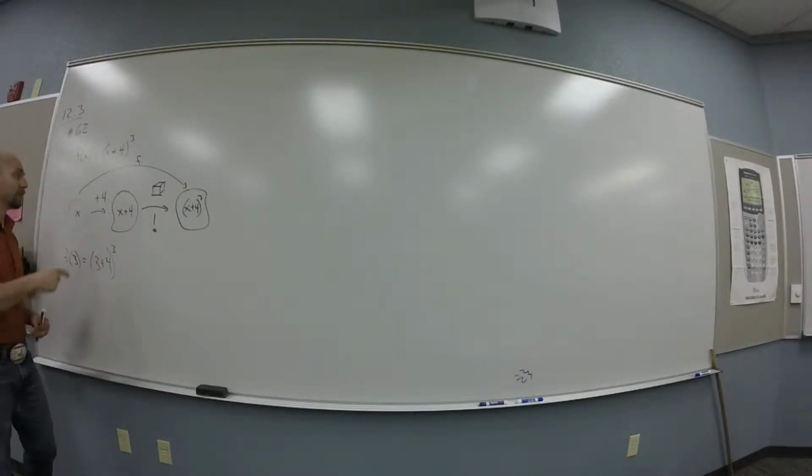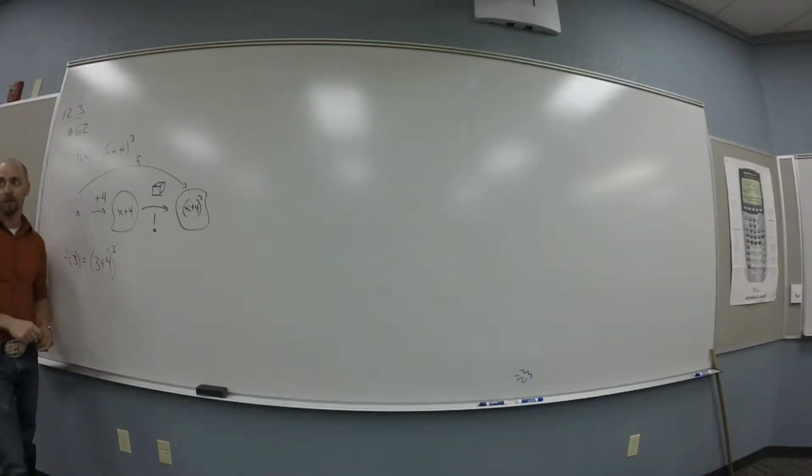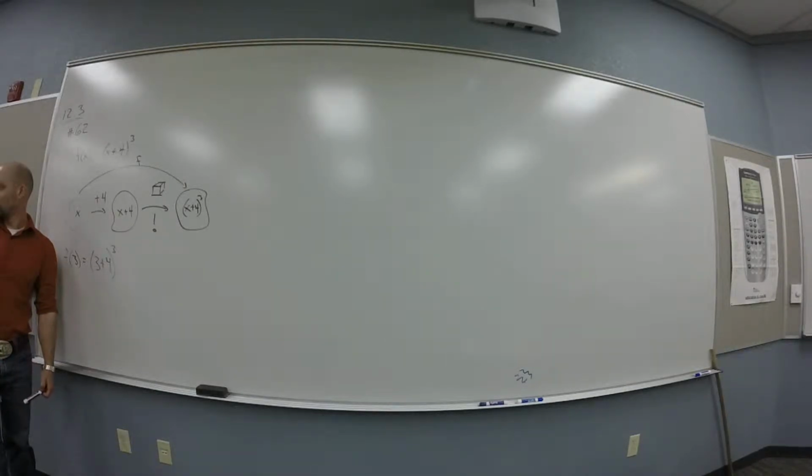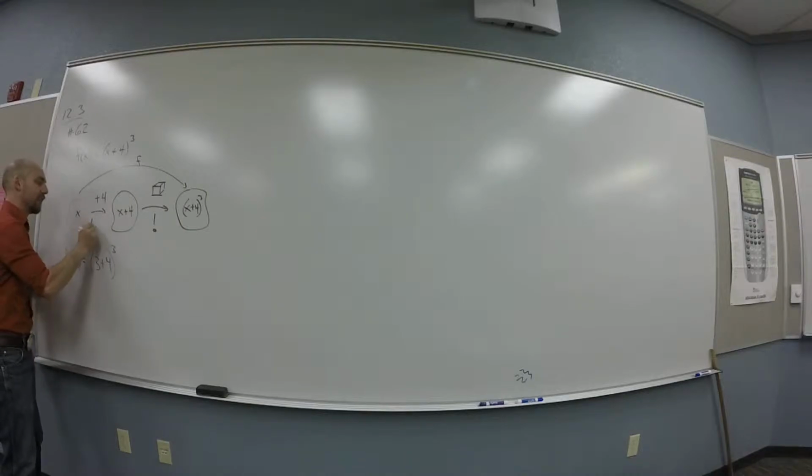Okay, so if it's before the rule, what is it? What's add 4 before the rule do? So horizontal, right? Because it's modifying an input to the rule. So it's a horizontal shift, and it's a left. Yeah, because they work backwards from what you would think. So this is a left 4, right?